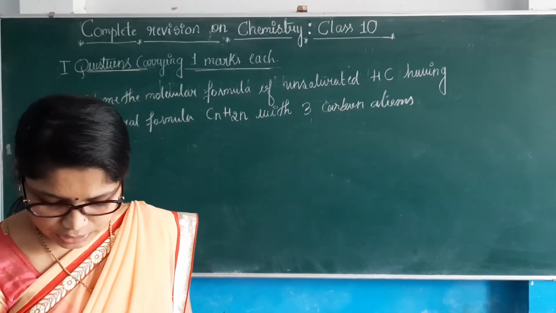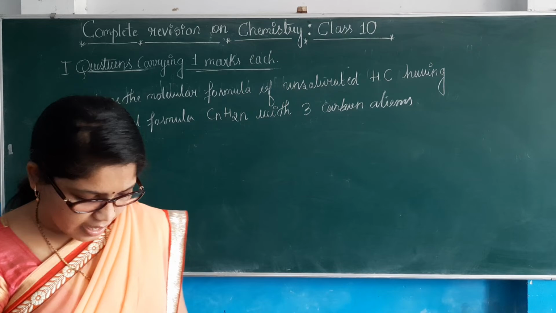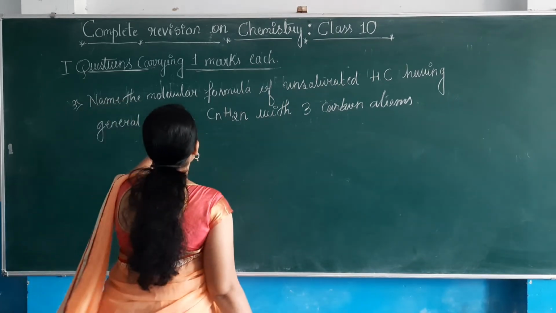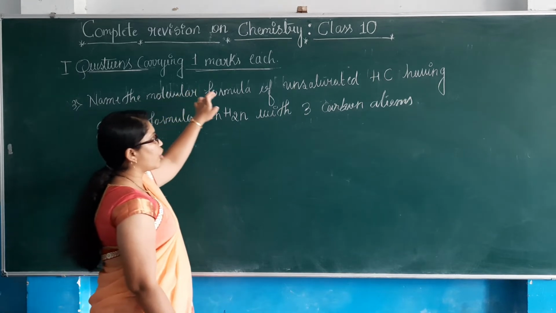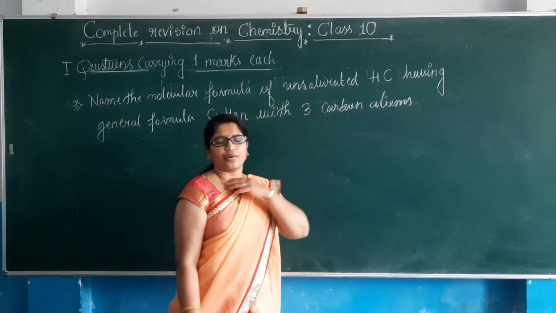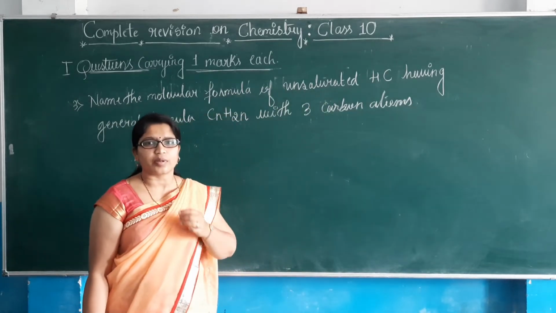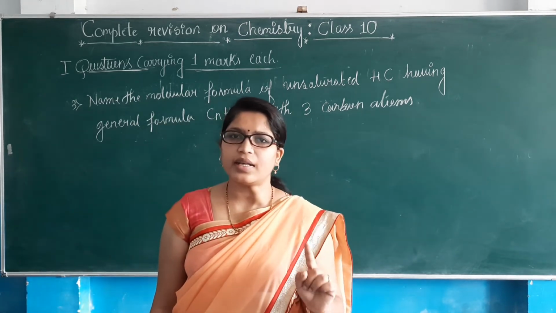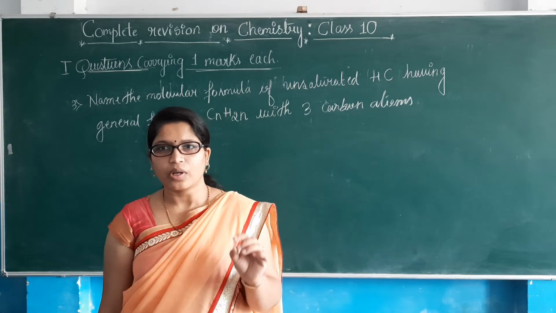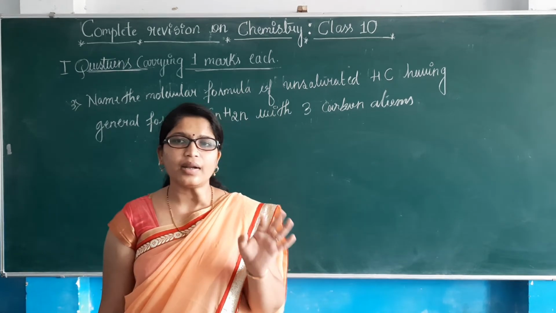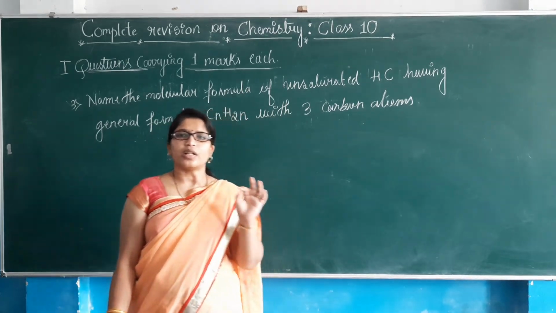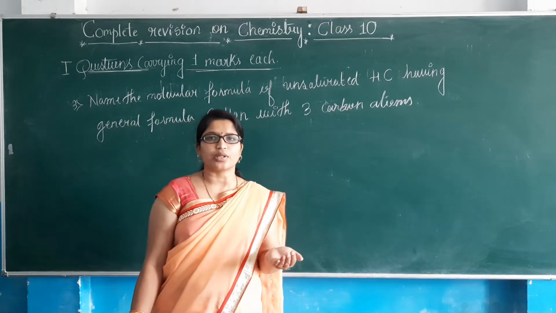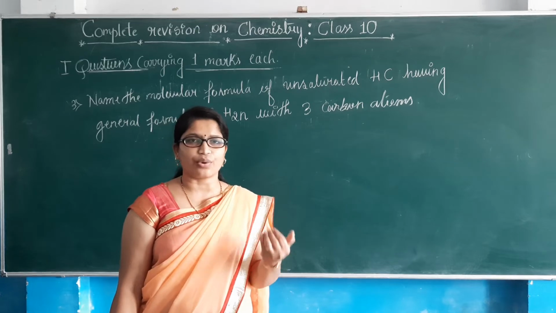So how are we supposed to write the answer for this one? What are they asking for? Name the molecular formula of unsaturated hydrocarbon. Unsaturated hydrocarbon means what? There must be the presence of either a double bond or a triple bond. There must be one double bond or else a triple bond. Molecules having a double bond or triple bond come under the unsaturated hydrocarbon category.